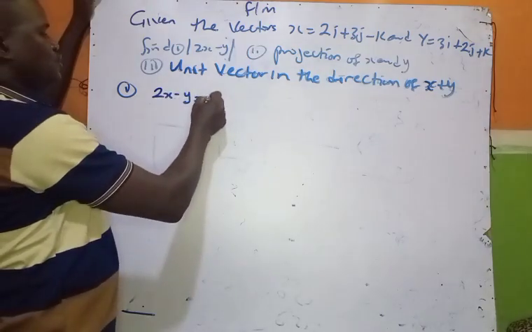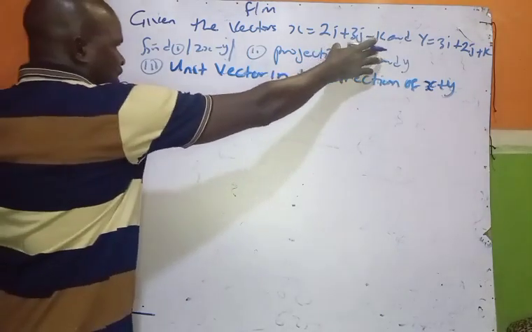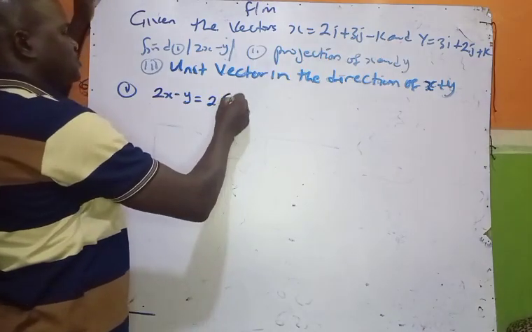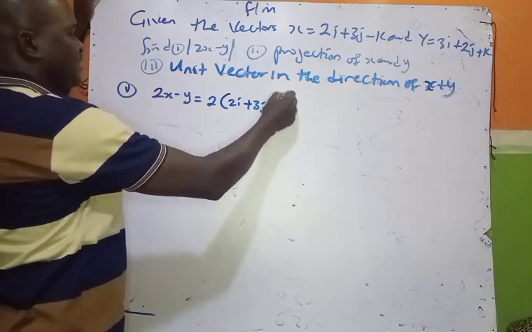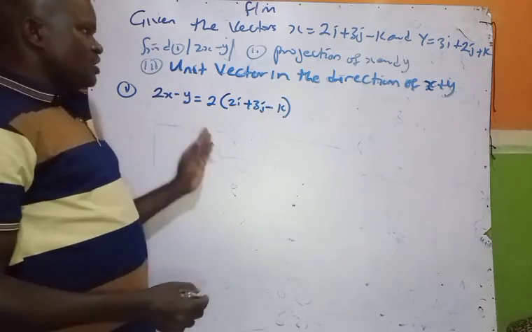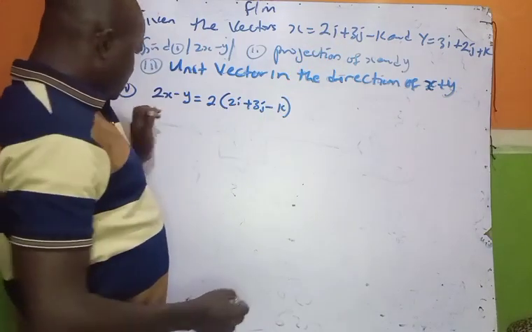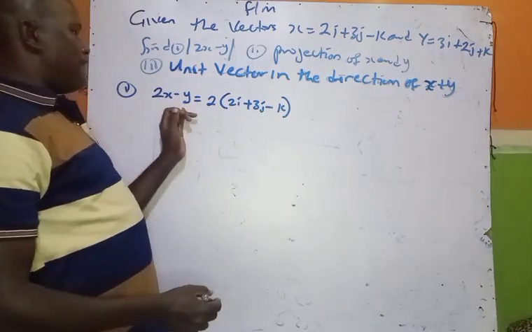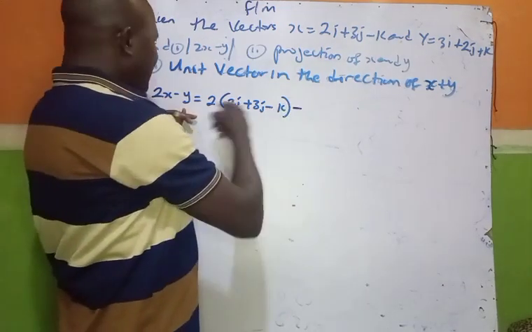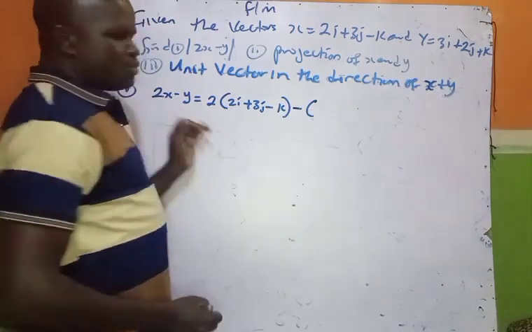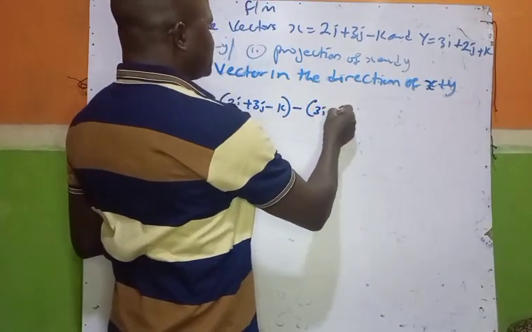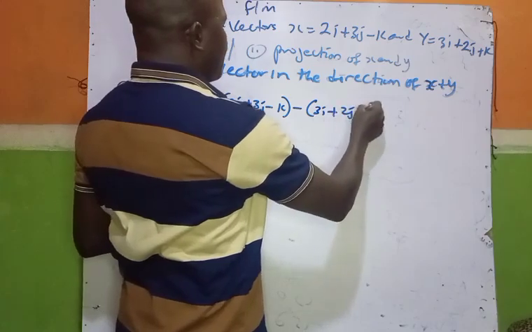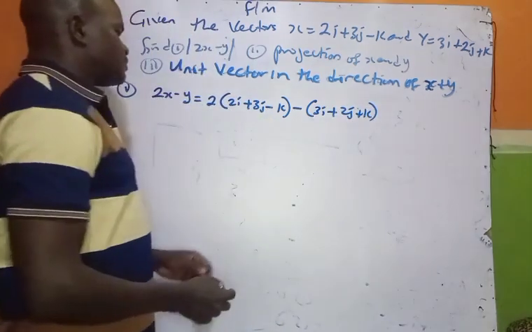So for this first, 2x minus y, you're going to be what? 2 multiplied by this. So you have 2(2i plus 3j minus k), then minus y. So you put minus, then this, 3i plus 2j plus k.